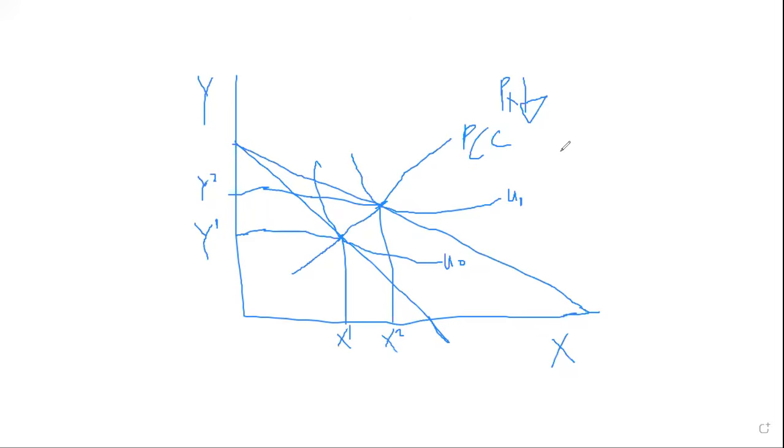Okay, now let's get the last one, which is the income consumption curve, the ICC. So let's draw our initial equilibrium.